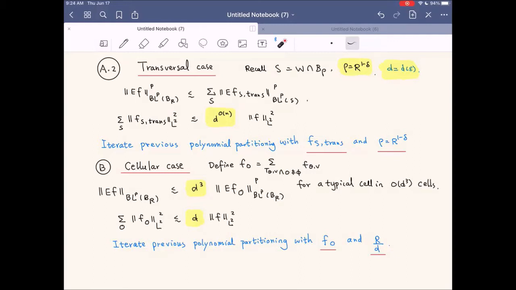So when we say we are in the transversal case, we mean that the BLP norm of EF on BR is bounded by summing over the transversal part. And also by the geometric lemma that we proved in the second lecture, each transversal tube intersects this W in at most d^(Cn) balls, maybe just d^n.